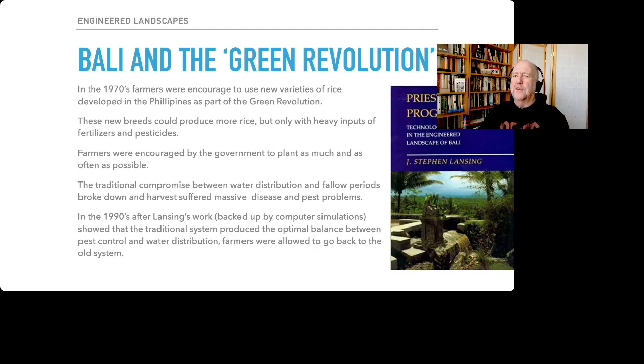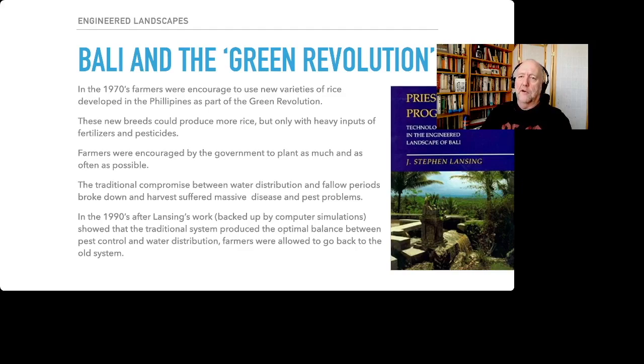Now these new breeds could produce more rice, but only with heavy inputs of fertilizers to make the soil more productive and pesticides to prevent parasites and other pests, which they weren't well suited to naturally staving off the way that the traditional rices did.